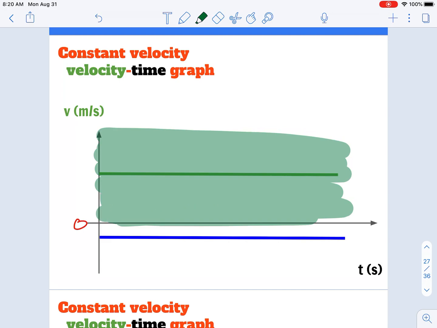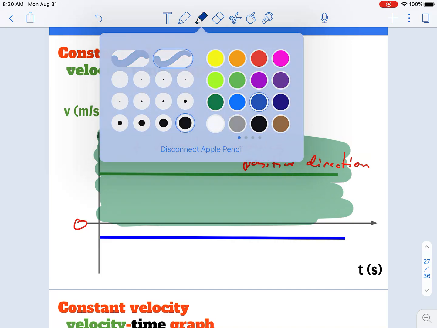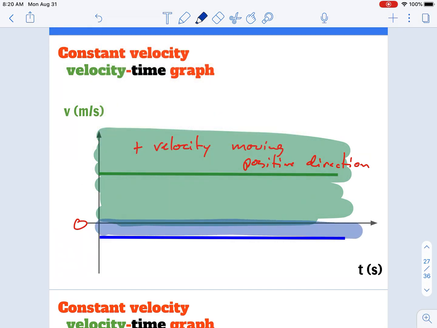So anything that's up here is a positive velocity, which means it's moving in the positive direction. Okay, the opposite to that would be anything that falls below the zero line would be a negative velocity and therefore must be moving in the negative direction.